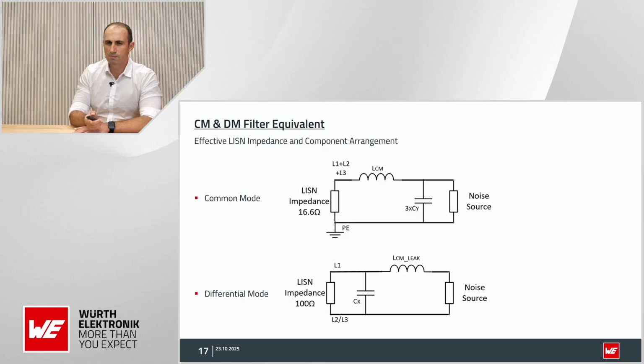That means we place at first glance the leakage inductance of the combo choke on the right side, directly beside the noise source, because it's always making the opposite. We're placing a high impedance filter component beside a low impedance noise source. And the X capacitors are sitting in parallel to the LISN impedance of 100 ohm, because they're providing a low impedance path. So this is important to understand the structure.